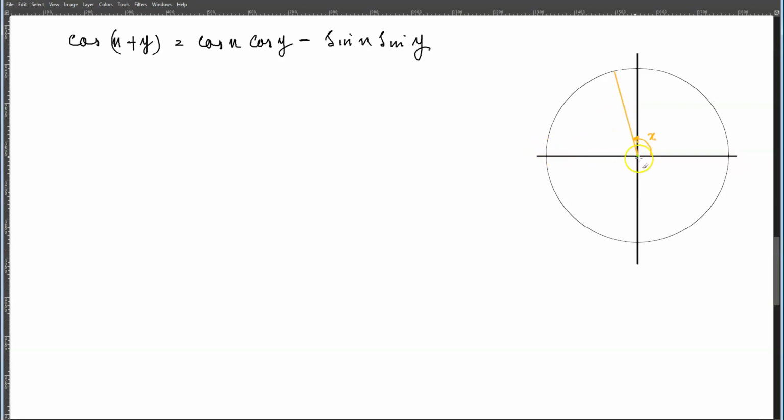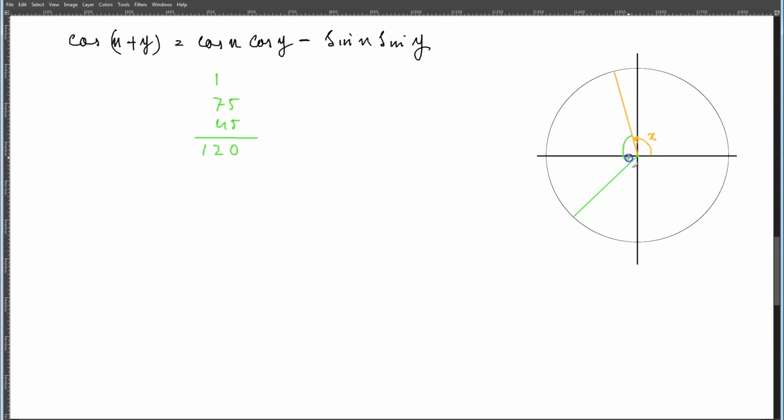So that's 75 plus 45, for example. 75 plus 45 is 120 degrees, right?